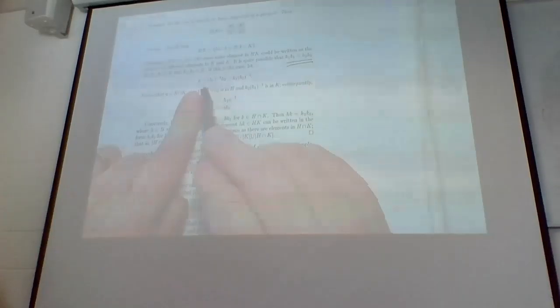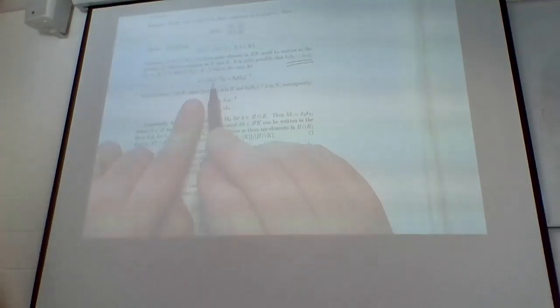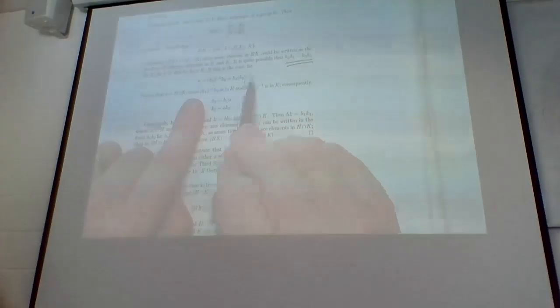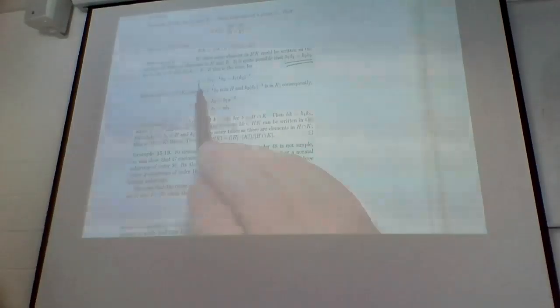So let's call that element A. Now, when you look at the first product, you see that A is an element of H. Look at the second product, A is also an element of K. H and K are subgroups, remember? So h1 inverse is in H, k2 inverse is in K. H and K are closed. So what we're looking at now is an element A that belongs in the intersection.